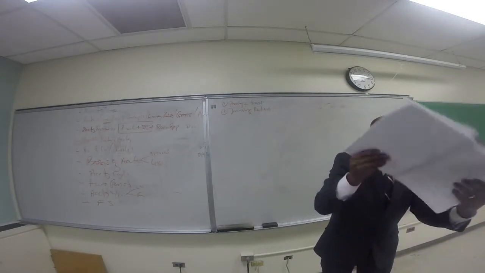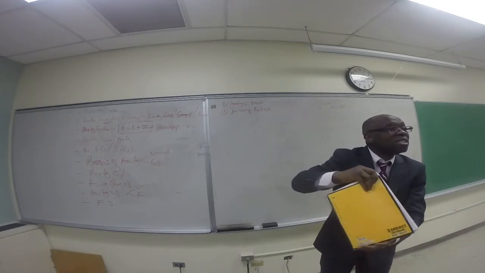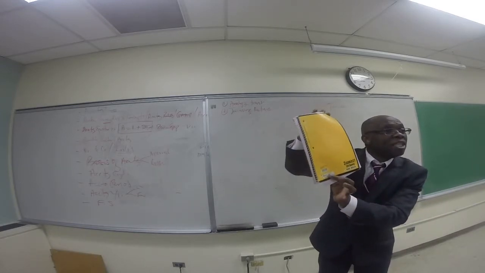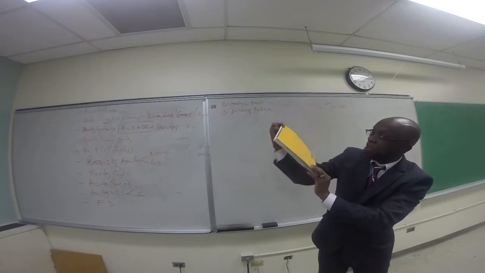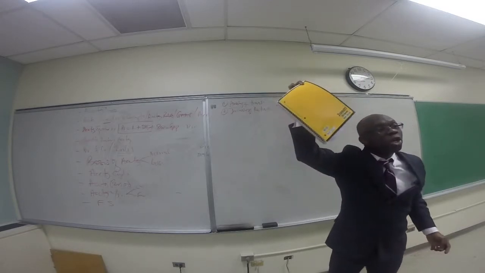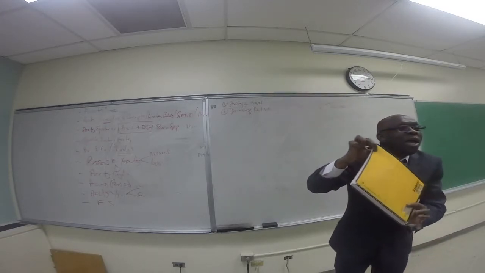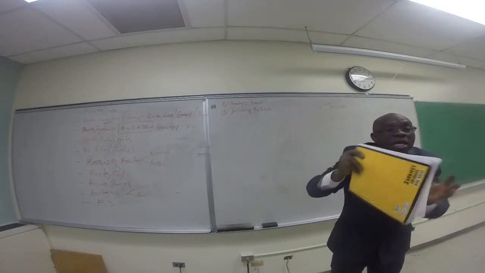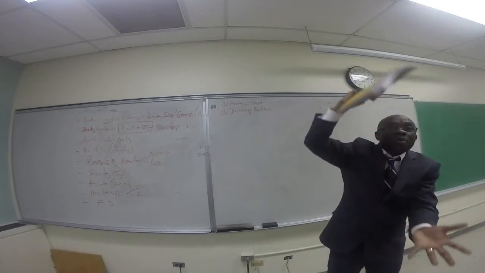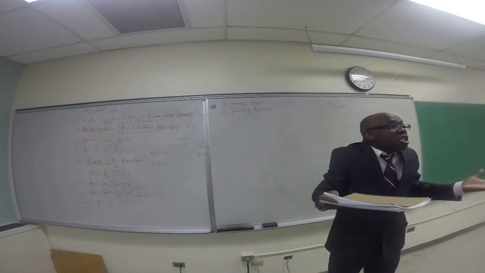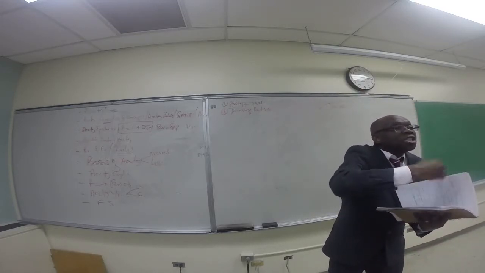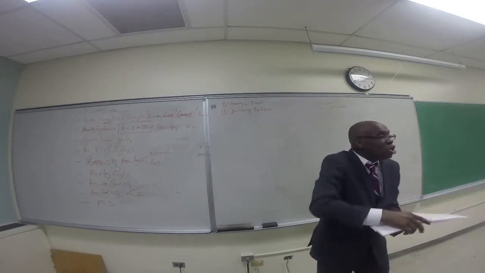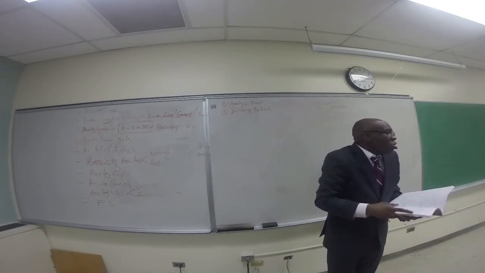When you start your business today, you go downstairs to the bookstore, buy this book and just label it here, journal. This is your journal. So a journal is a book. It's an accounting book. It could be a loose leaf binder, it could be this big, it could be this little. It's just a book that you use to record your transactions as they occur, in chronological order, so I call it a journal.